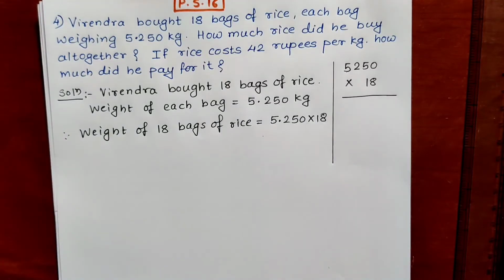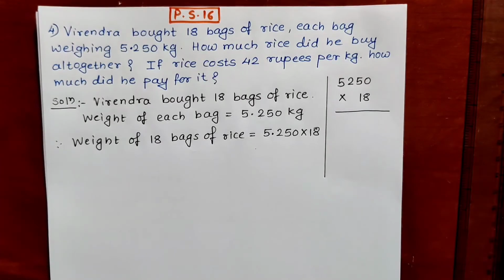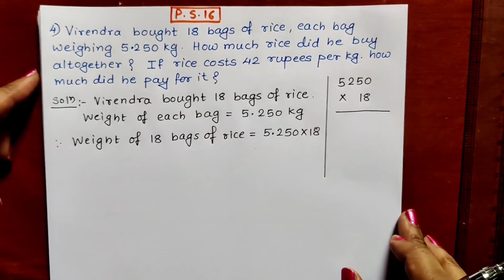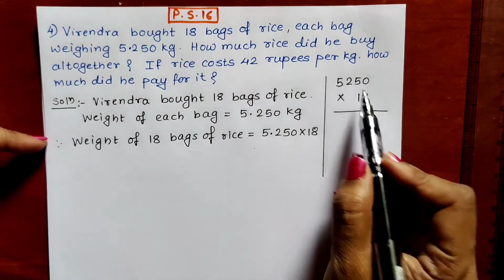Okay, now let us multiply. If you all know the table of 18, it will be very easy to solve the sum. And I have been telling you all that you have to learn the tables till 30 at least. So let us do this multiplication.